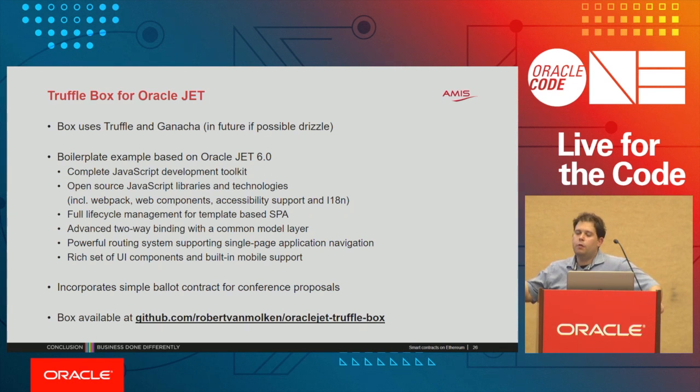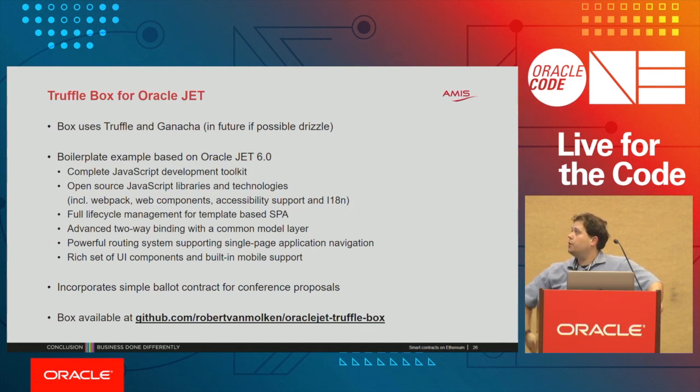And if you don't know Oracle Jet, it's a JavaScript development toolkit by Oracle, right? It uses open source libraries and technologies, right? It's not a framework like Angular or React or something like that, right? It's a combination of JavaScript libraries and their Alta UI and stuff like that in a way that you can rapidly develop JavaScript applications.